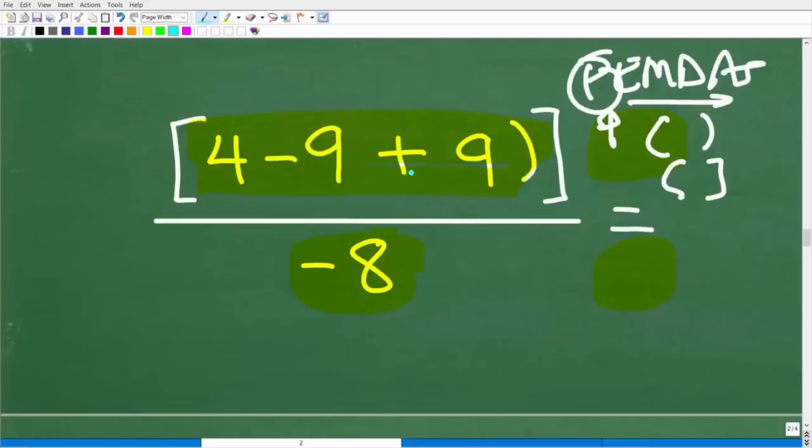So we have subtraction and addition. So we could really turn this into an addition problem. So 4 minus 9 is the same thing as 4 plus negative 9. So now we just have to add these three numbers. I'm sorry, it's 4 minus 9 plus 9. So 4 minus 9 is the same thing as 4 plus a negative 9. So negative 9 plus 9 is 0.